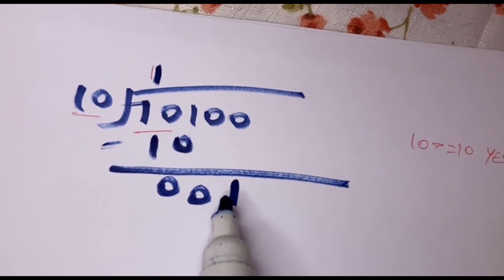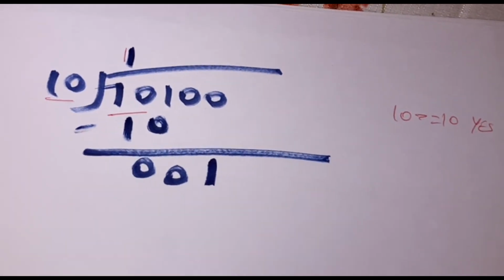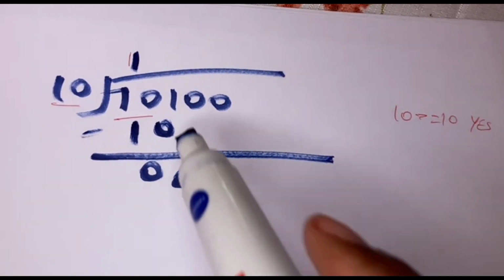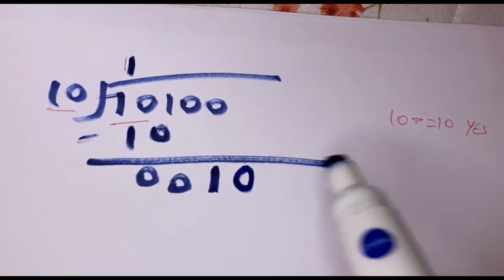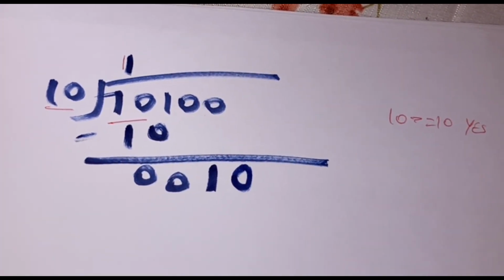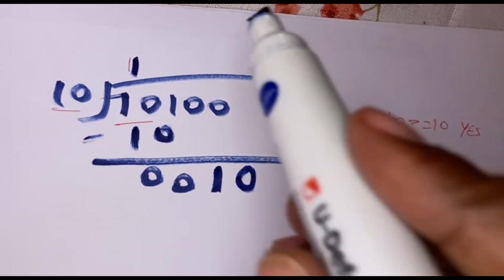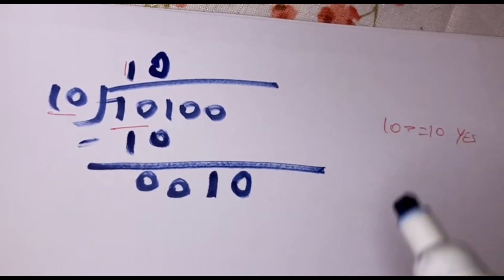So we have to bring down 1 here. Can 1 be divided by 1, 0? No. So we have to bring down the next 0. But when we do that, we have to put another 0 in the quotient, because we are bringing down two numbers.